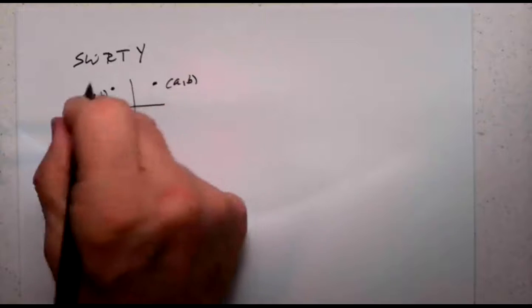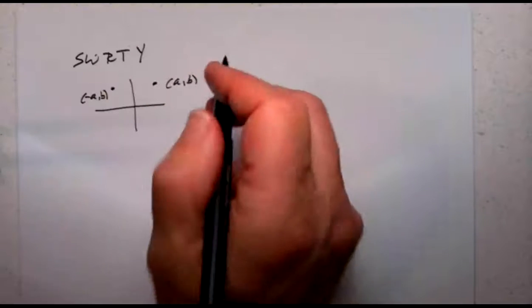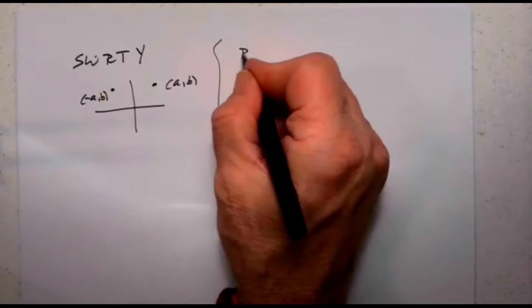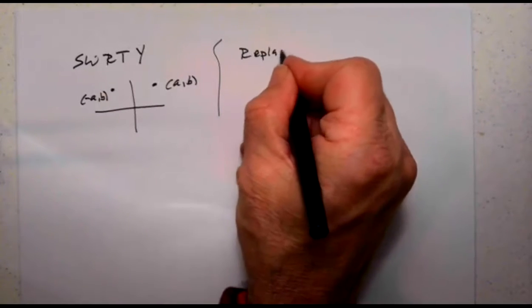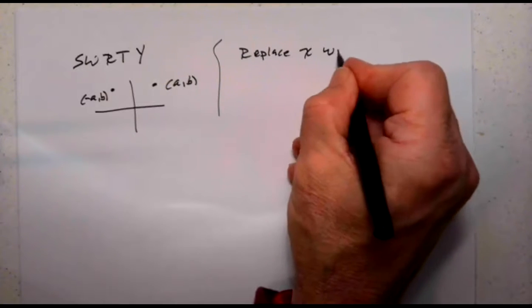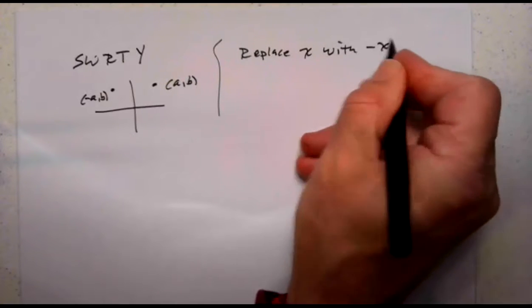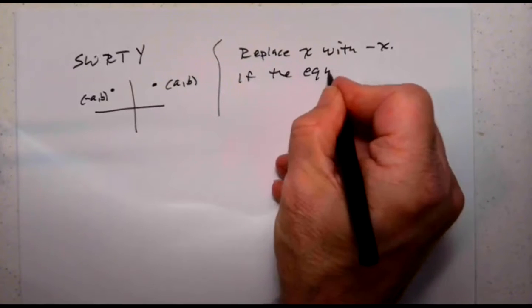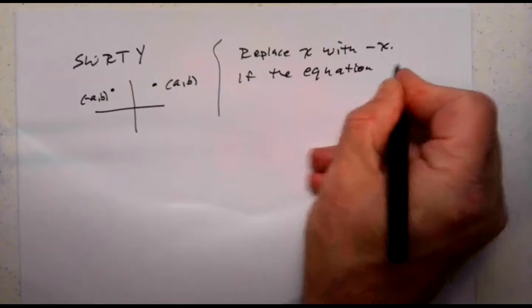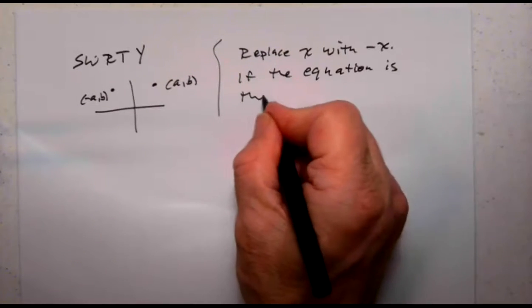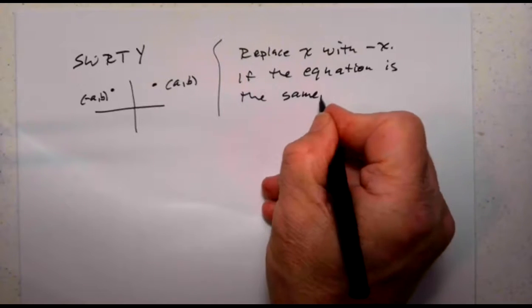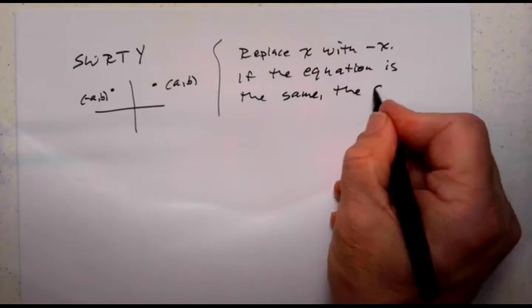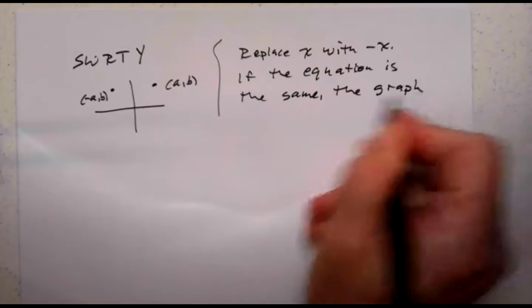So that gives you the idea that x and negative x give you the same y value. So the strategy here is replace what? Replace x with negative x. If the equation is the same, the graph is symmetric with respect to the y-axis.